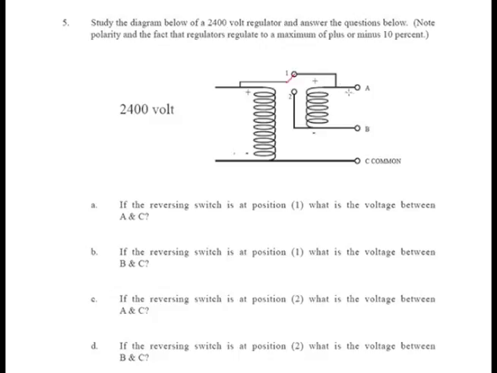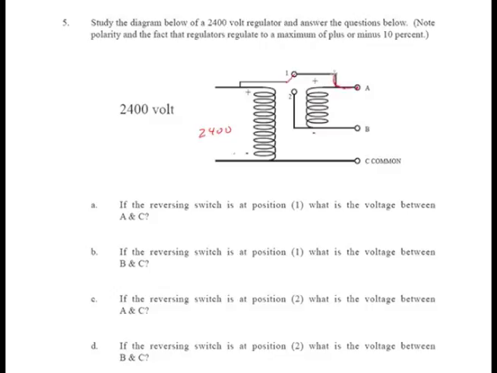so that means your path is this way. Let me get those out of the way. So we know this is 2400 volts. This is minus, plus, and then between A and C we're actually not going through this other coil.